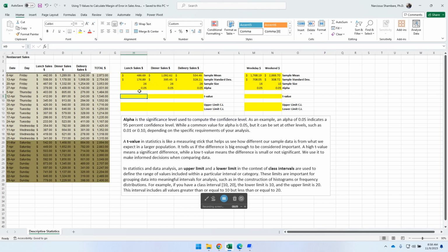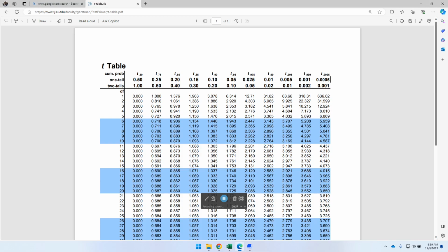But because I'm going to be working with a one tail, the alpha will be divided by 2, so the 0.05 becomes 0.0250. Now that I know, I'm going to be using the sample size 26, and the alpha is 0.0250. I can go back here and try to read very quickly.